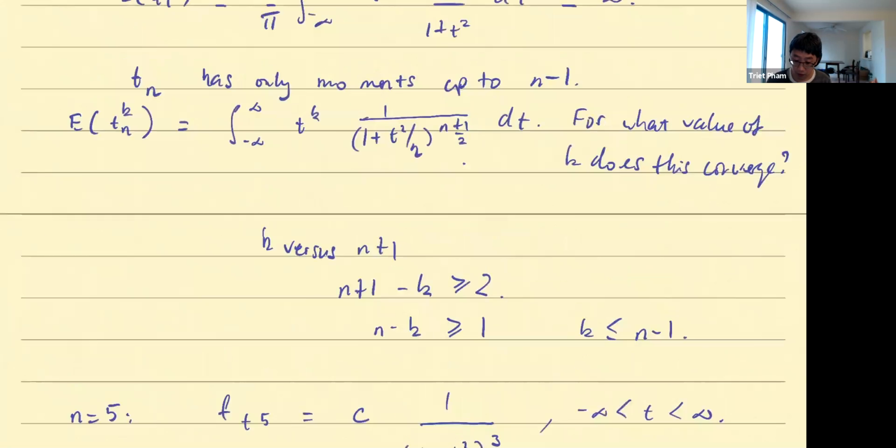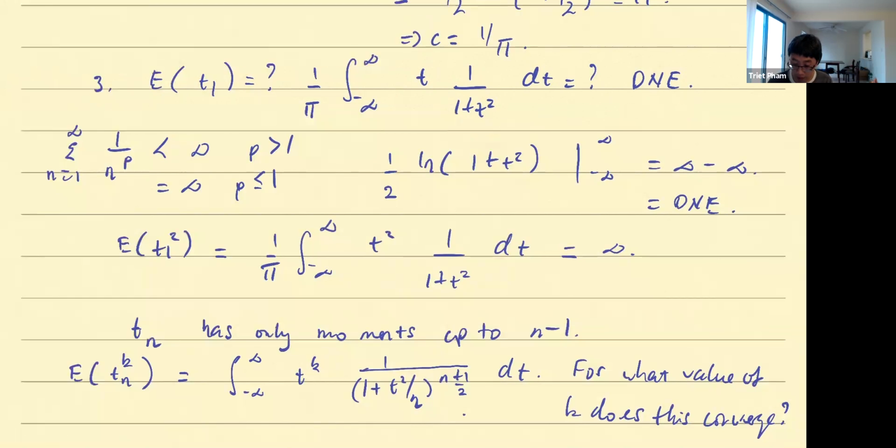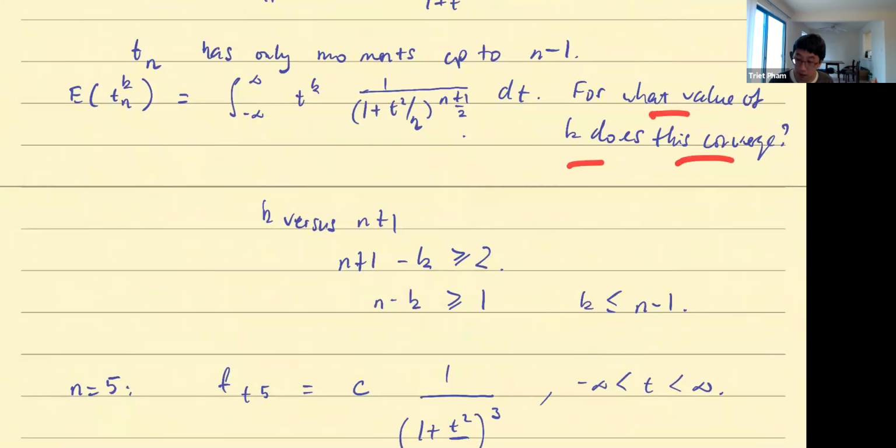Here, growth and decay are the same, so it cannot converge. Here, growth is faster than decay, but it's not fast enough, so it still does not converge. It must be fast enough. So that's it: for what value of k does this converge?